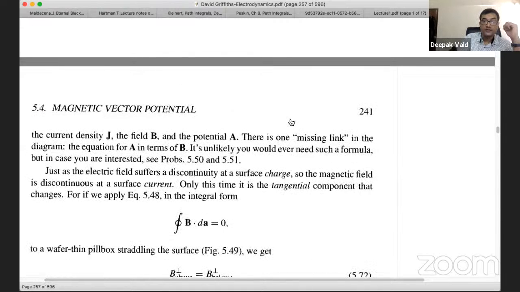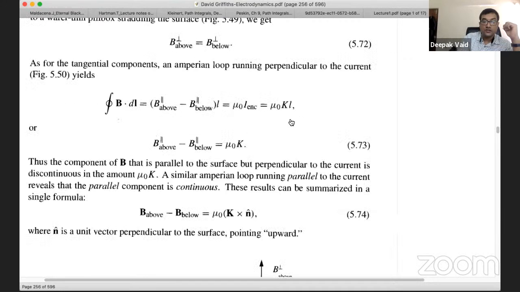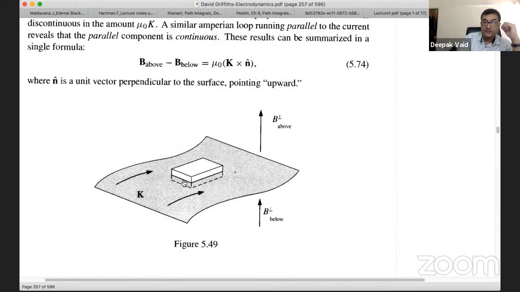Now this is my surface K. Now I make a box such that the surface is going through the center of that box. Now there will be some magnetic field above the surface and some magnetic field below the surface.